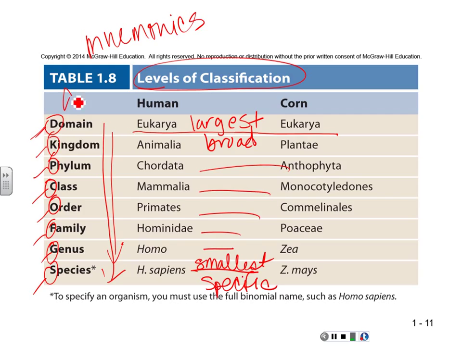You just have to know this part right here. But you can see we're both in, this is a human versus corn, we're both in eukarya, but then at kingdom we switch to animalia and plantae. And then usually the species, this is the name, this is the one we usually use when we talk about a specific species, we will say Homo sapiens.